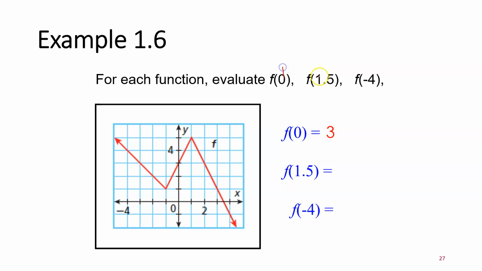This is the input. This is all the input, the x values. You need to find the y values, the range or the output. So f(0), from the graph, where is f(0)? Coordinate x dekat 0. So your y will be here, which is 3. Okay? That's why you get 3.